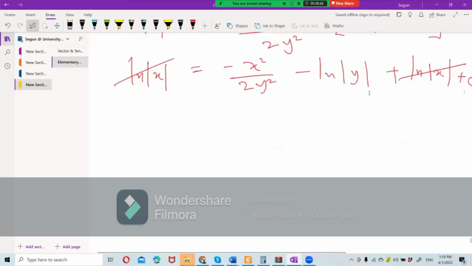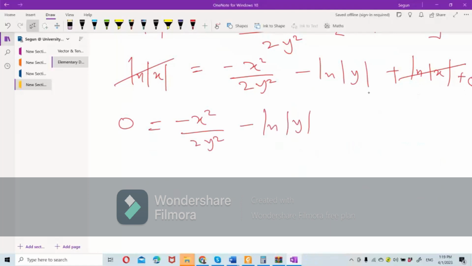So at the end of the day, this will be 0 equals to minus x squared over 2y squared minus ln y plus c. So if you take ln y as a subject of formula, we have ln y equals to minus x squared over 2y squared plus c.